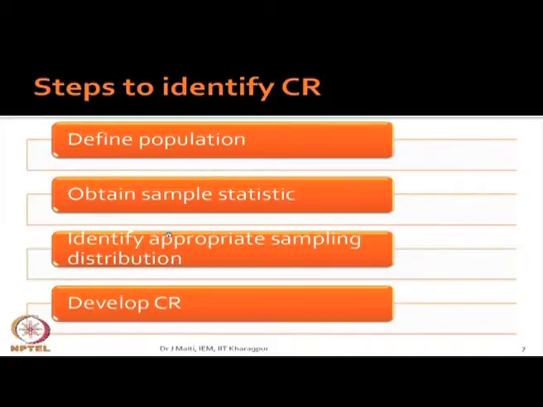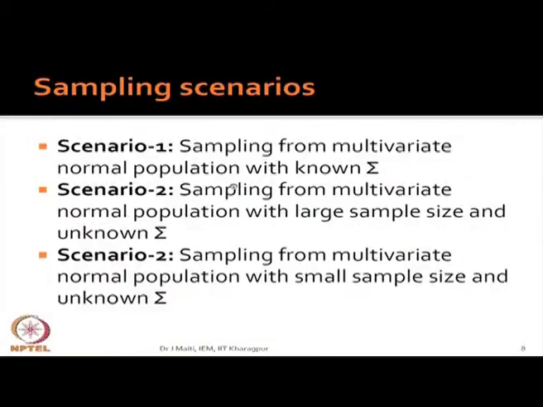If you do not know the sample statistic and the appropriate sampling distribution, you cannot go for a confidence interval either, in the sense that you do not have enough information to develop a confidence interval for the univariate case, or a confidence region for the multivariate case.